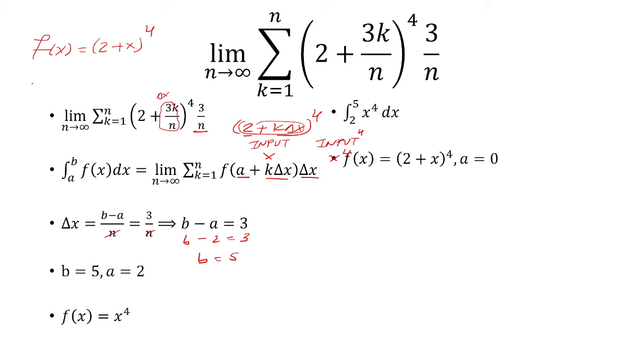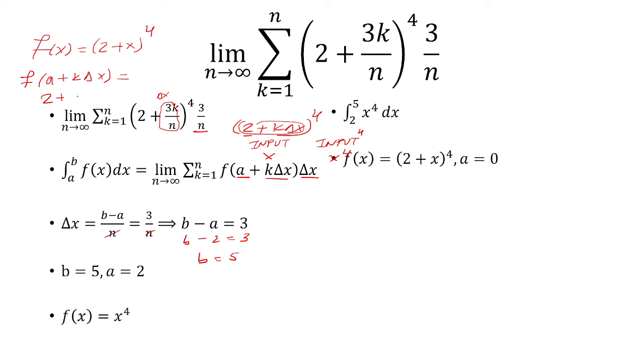Does that work? Well, let's see. Let's plug in f of, and here, because we're letting my function be 2 plus x to the 4th, this 2 is already taken care of. So a has to be 0, and you'll see that in a second. So let's look at a plus k delta x.